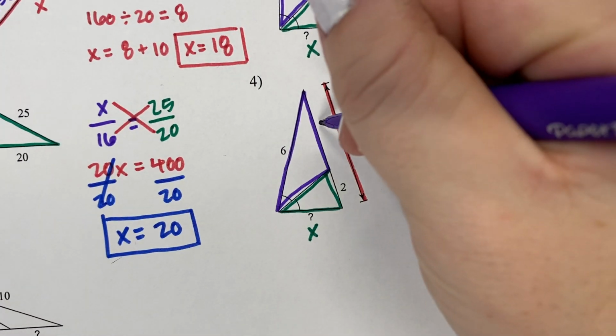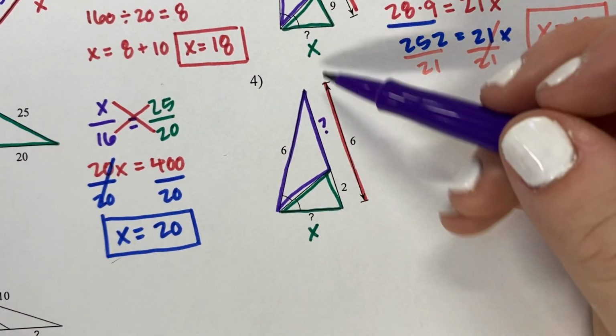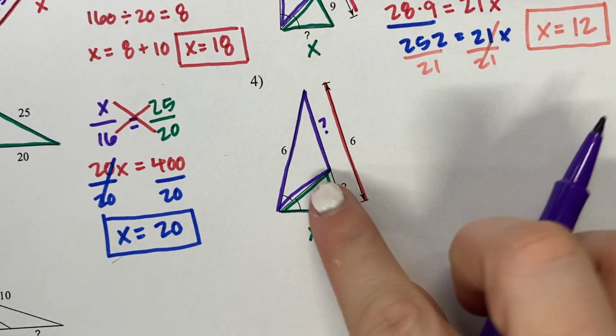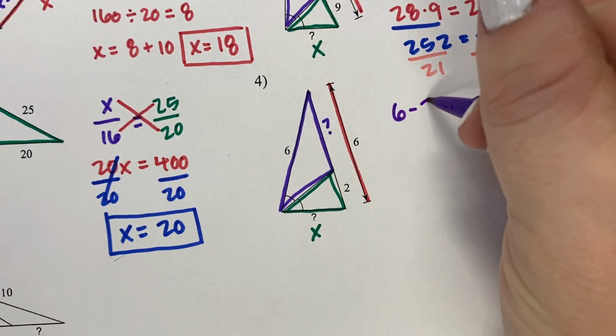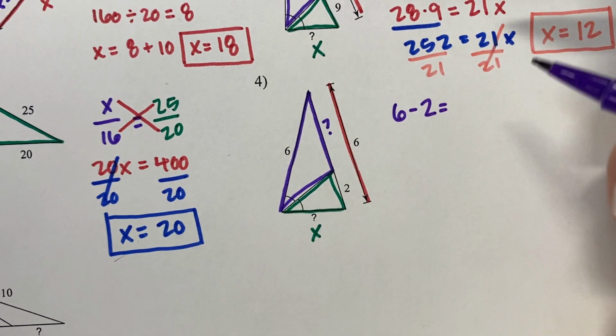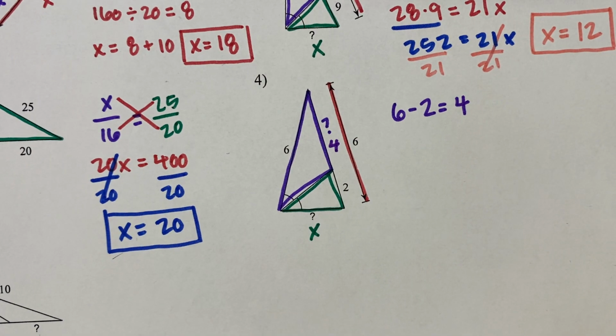We'll just call him question mark. We don't know what that is. But we know if the whole thing is 6, and we take away that piece of 2, we get 6 minus 2, which is 4. So we know that the missing side for my purple triangle is 4.